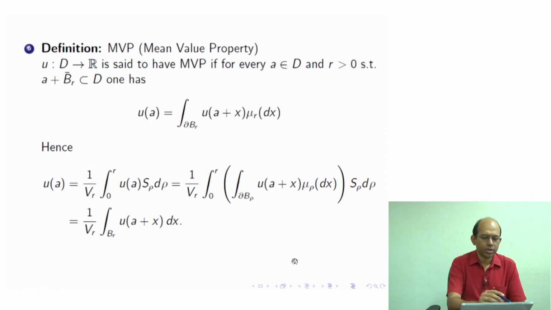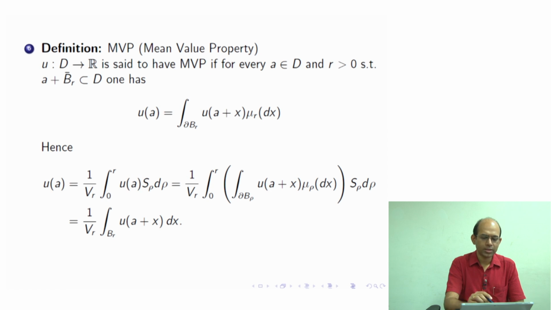Let U be a function from the open domain D to R. We say U has the mean value property if for every point A in D and R positive such that we can include a ball of radius R, small enough, such that A plus B_R bar, the ball of radius R centered around A, is inside the domain D. So A plus B_R, an open ball, is a subset of D. If its closure is not a subset of D, we can take half of the radius, and then we can ensure that it is in the open domain D. So we can always obtain such R positive.